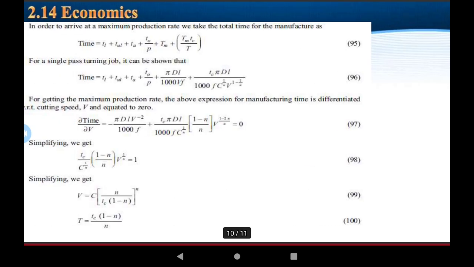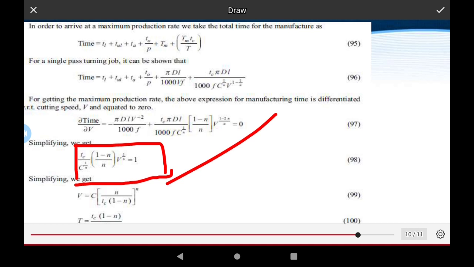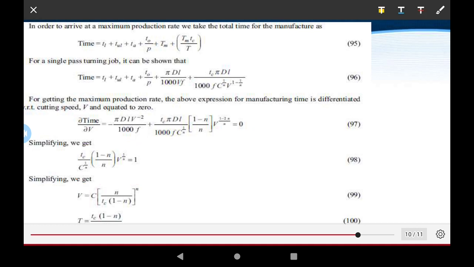This is the formula to find the value of V and the value of T. T is the total time of the tool's work performed, V is the velocity of the tool, and C is the constant value put into Taylor's tool life equation for this formula. It is applied to find the economics of the industry and other small business purposes. This formula is used for the production rate and other values for the velocity of the tool.